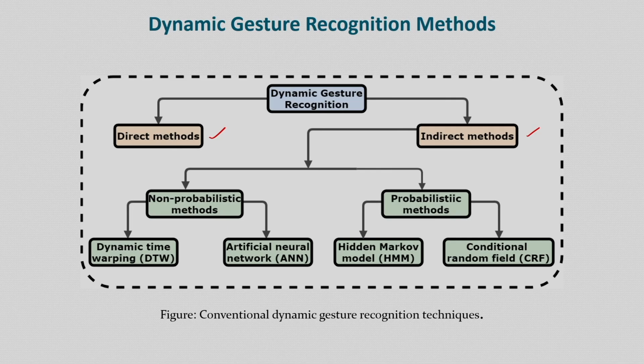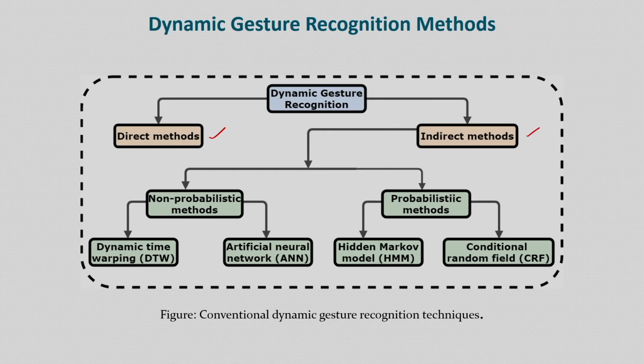In case of the indirect methods, we may consider non-probabilistic methods or probabilistic methods. For example, in case of the non-probabilistic methods, we can use dynamic time warping, DTW, and also artificial neural networks. In case of the probabilistic methods, popular methods are hidden Markov models, which is very important, and another one is the conditional random field.